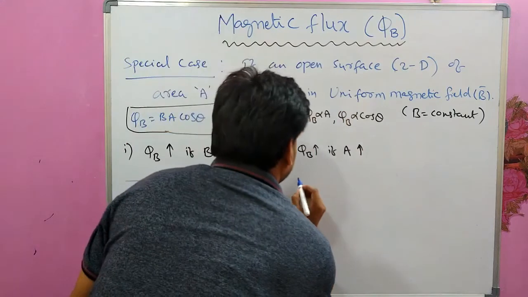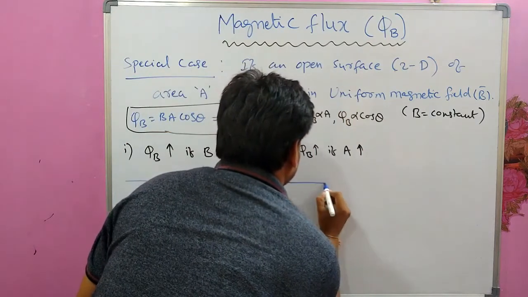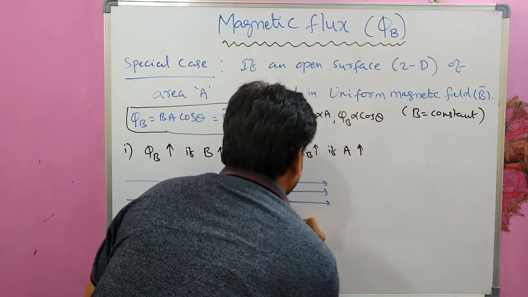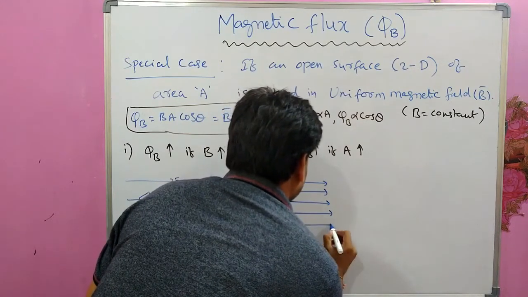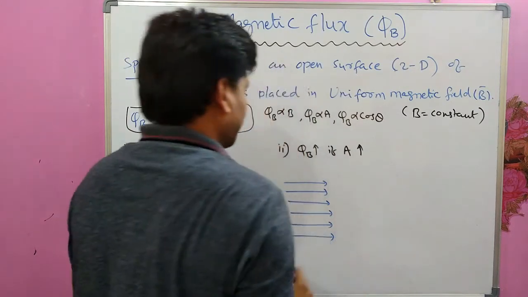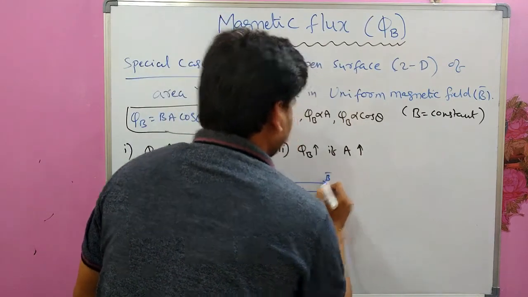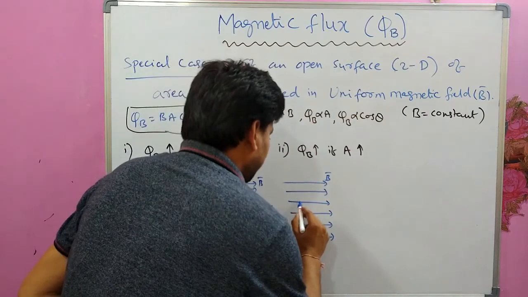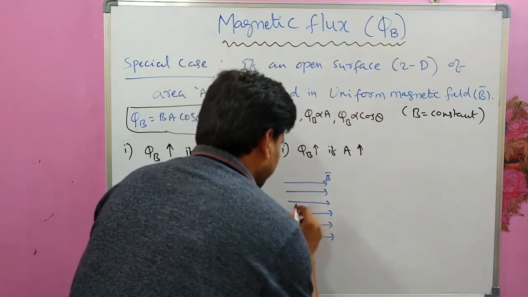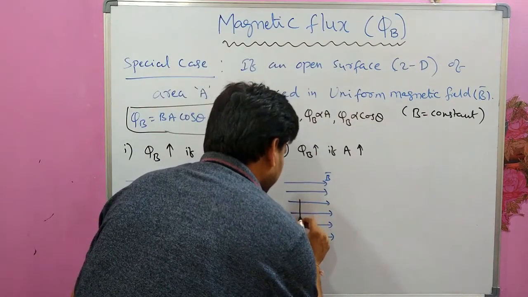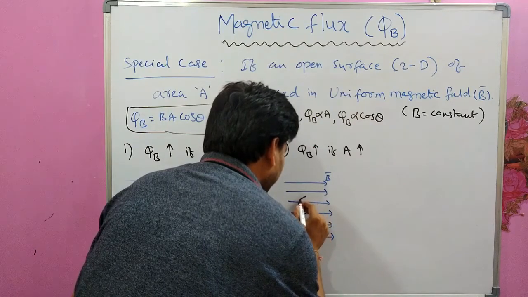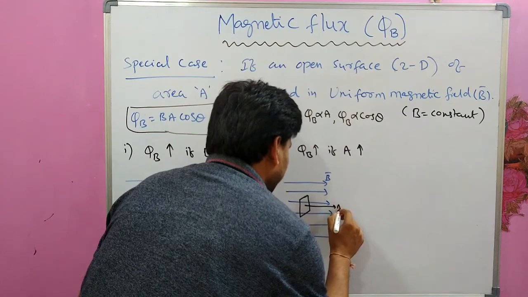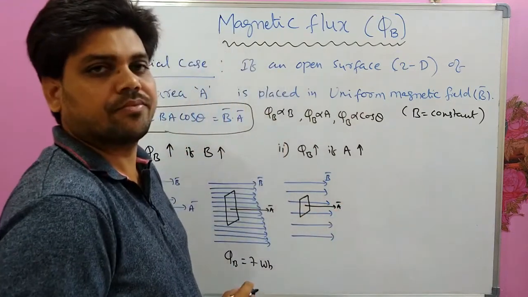Here I am taking the magnetic field constant for this case. This is the magnetic field direction. And the area element, now I am taking a smaller one, with the direction of area this way, right?